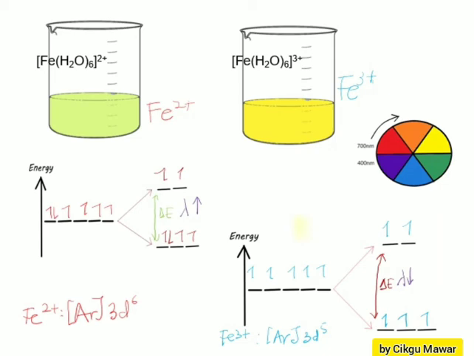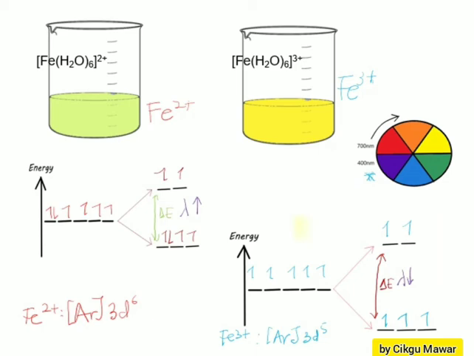So what is the wavelength absorbed by iron 3 plus? The wavelength is shorter compared to iron 2 plus.